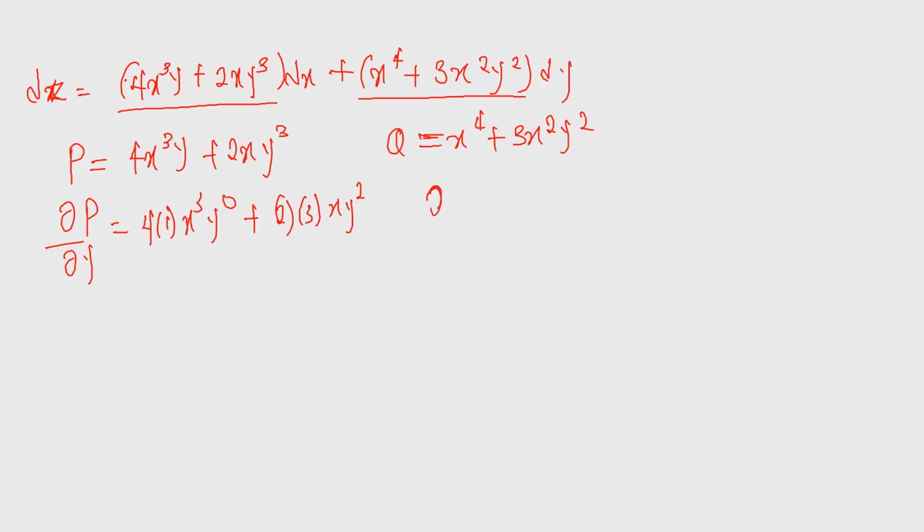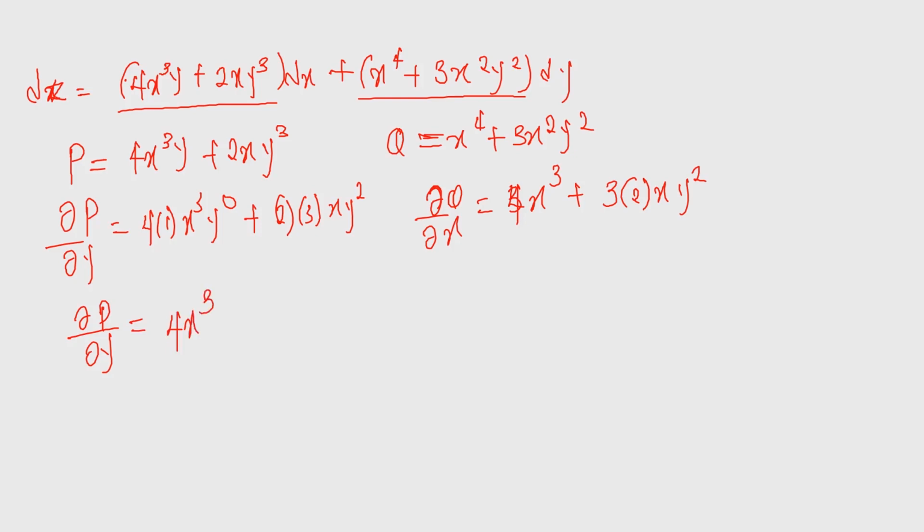Then for Q with respect to x, you are going to have 4x^3 plus 3 times 2x y^2. So dP/dy will be equal to 4x^3 times y^0, which gives 1, plus 6x y^2.